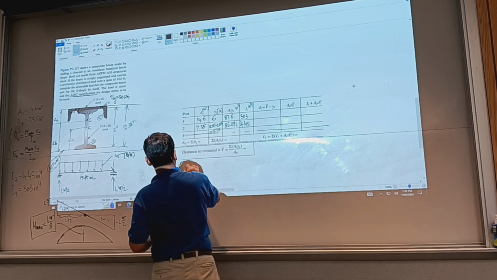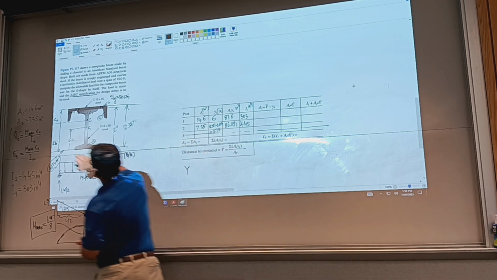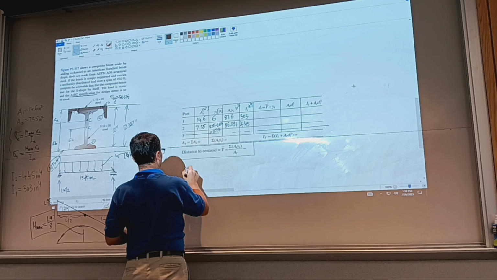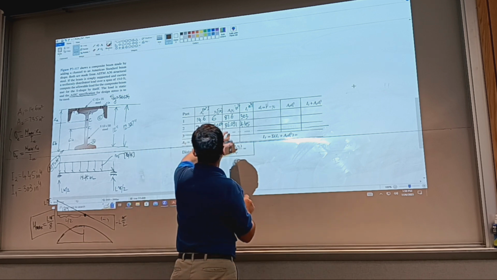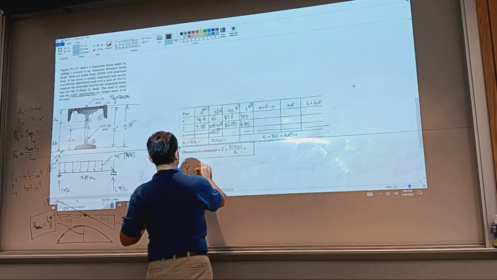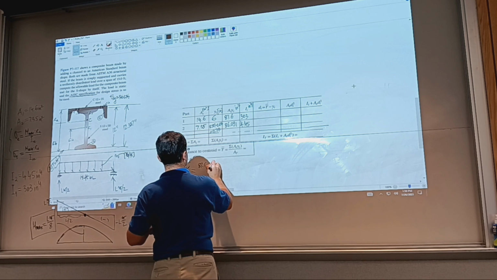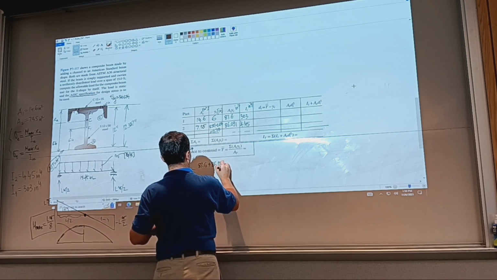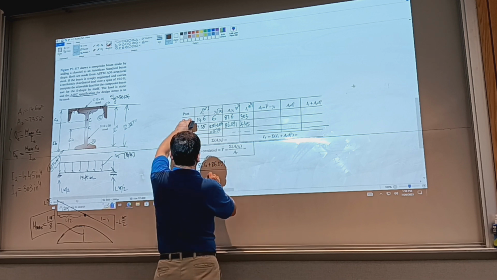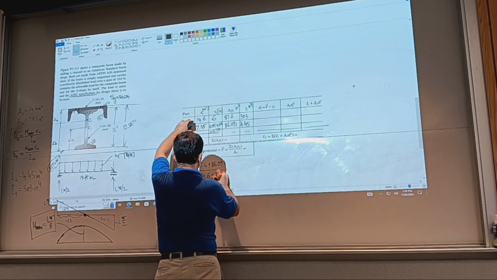So y-bar, measured from the datum, will be a positive value up. It's going to be 87.6 plus 86.091 divided by 14.6 plus 7.35.